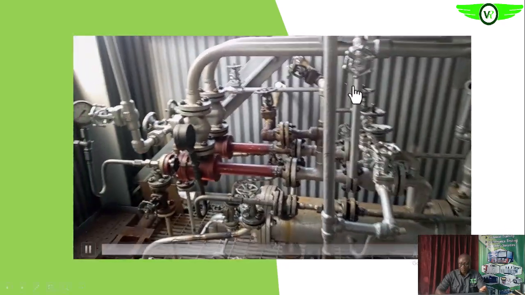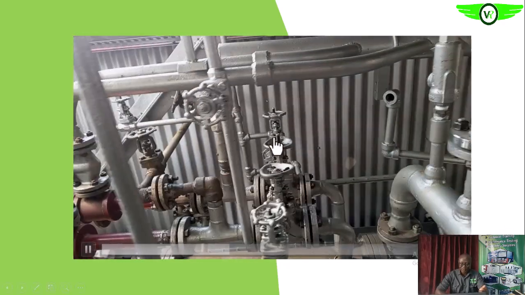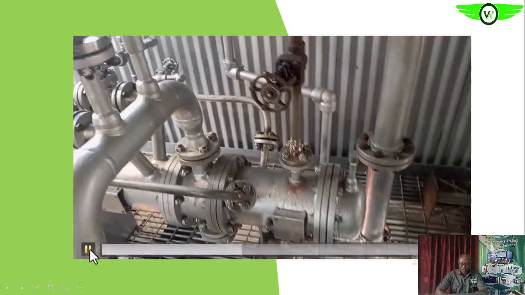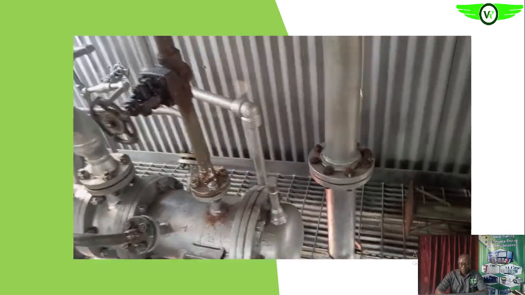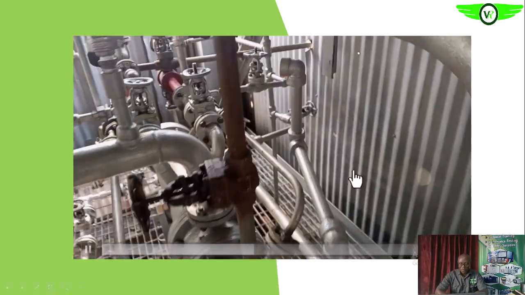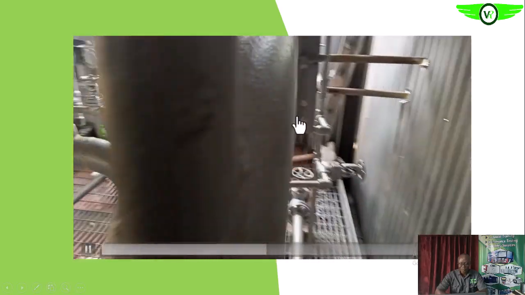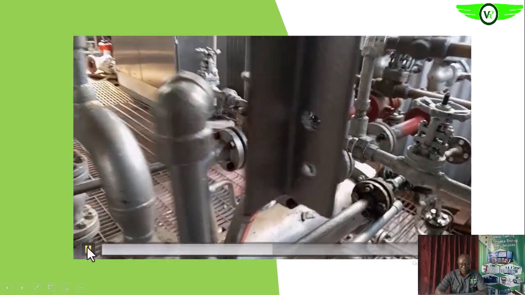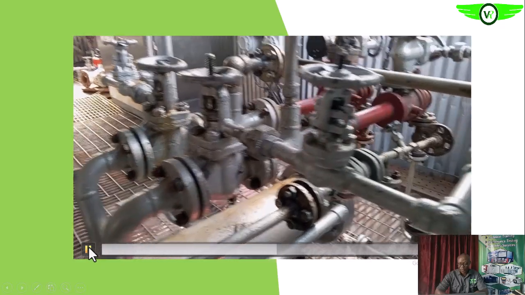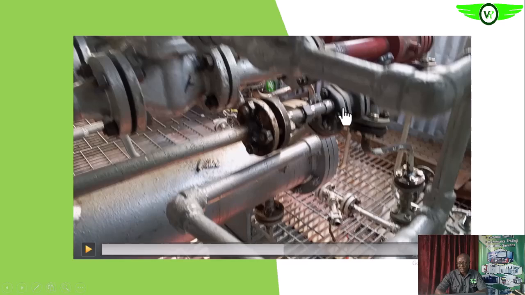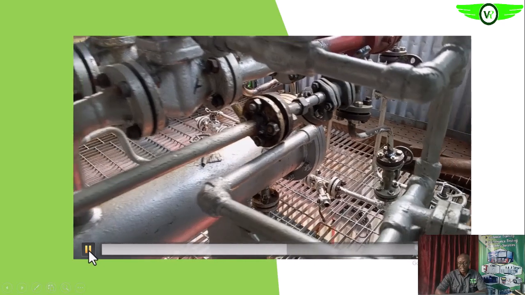So this is what we are seeing here. This is the secondary ejector. The one that we discussed earlier is the primary ejector.